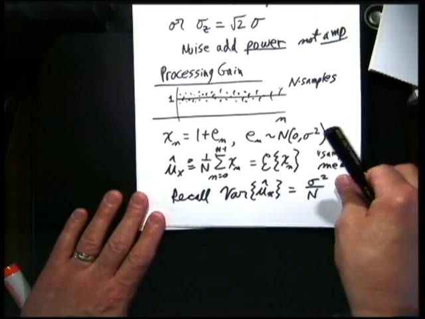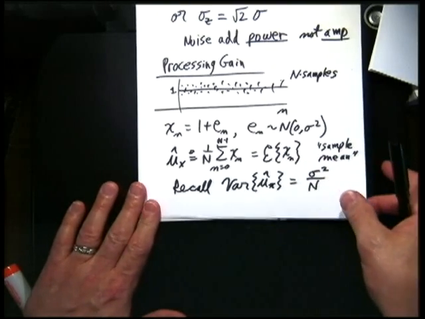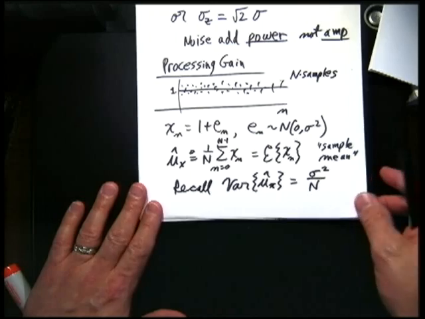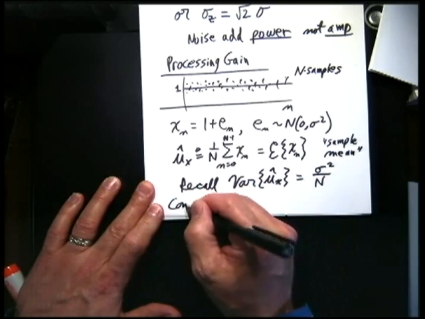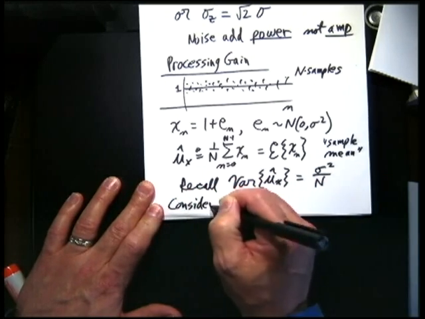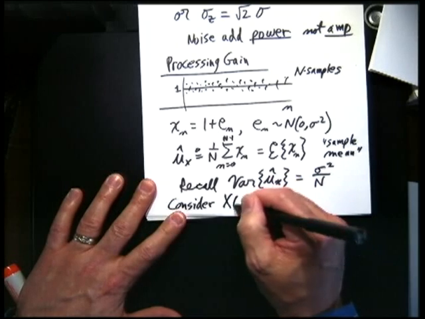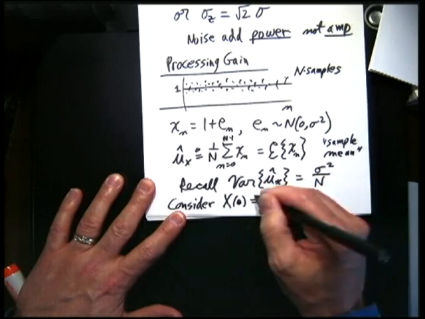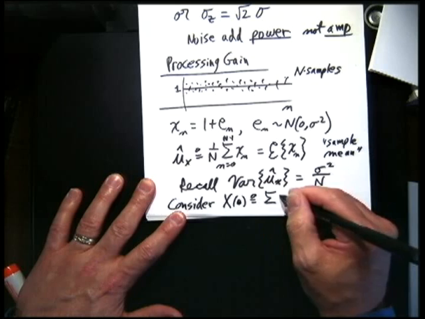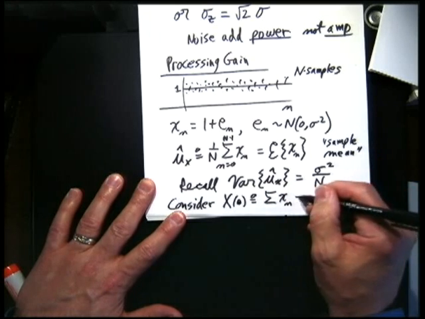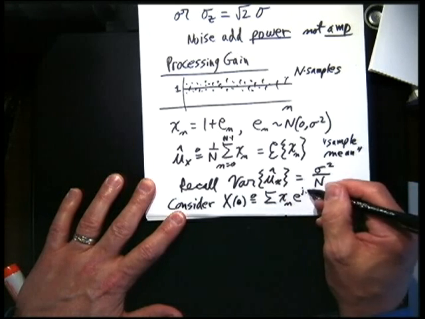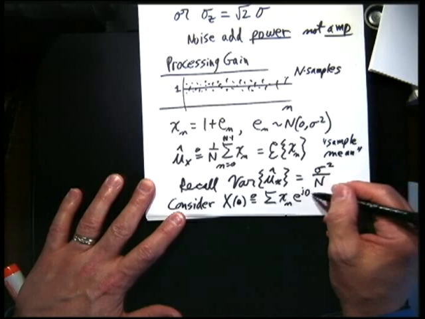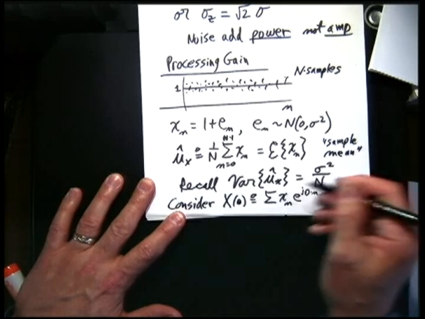So now let's look at the DFT. Let's consider capital X of 0, which is by definition just the sum of x n e to the j 0. We're only going to look at the DC component here.